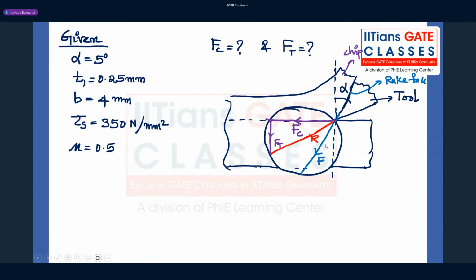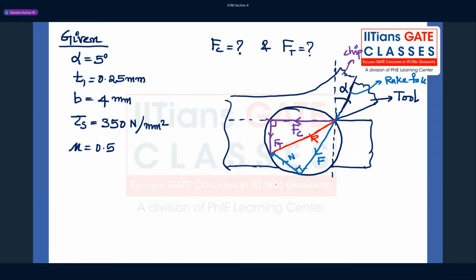And perpendicular to the frictional force, of course, there is a normal force N. This is perpendicular. So let me write that normal force N here.